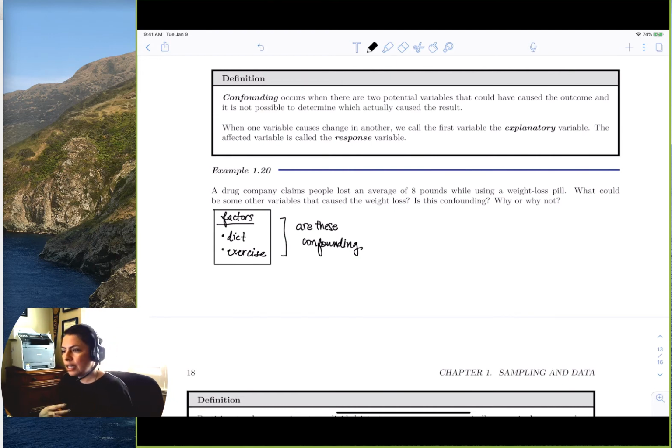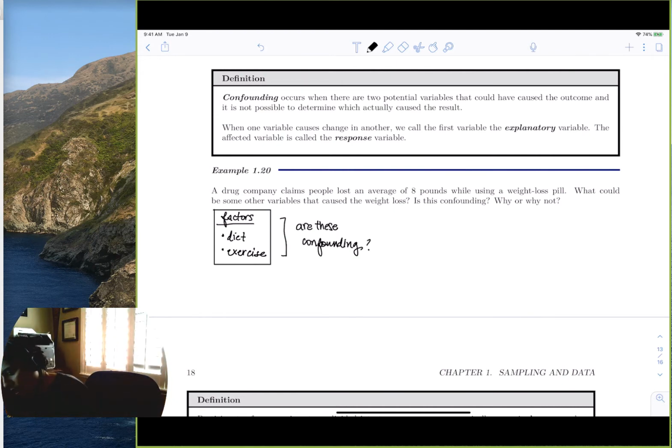So definitely yes. Are these confounding? Yes, because we don't know whether it was the pill, the diet, or the exercise that contributed to the weight loss.